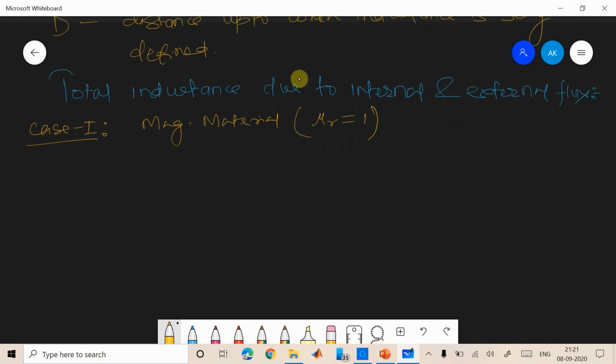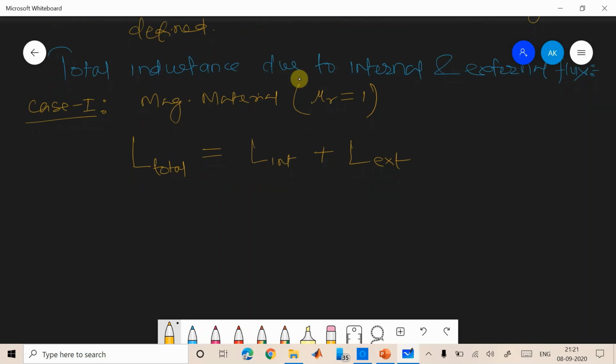Now write L total. L total means total inductance. So L total will be the summation of L internal plus L external simply. So how much we have found L internal?